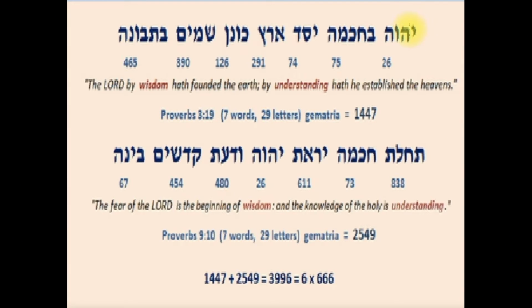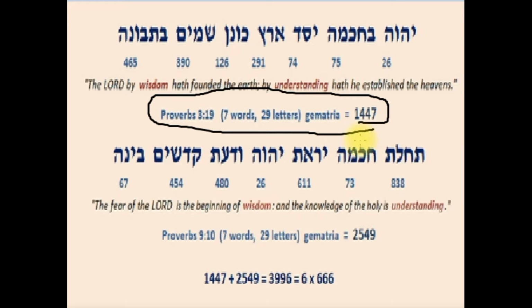Lord is Yud, Hey, Vav, Hey, equaling 26. By wisdom hath he founded the earth, by understanding hath he established the heavens. Proverbs 3:19, which is 7 words and 29 letters, and its gematria being 1,447, as we just explored.